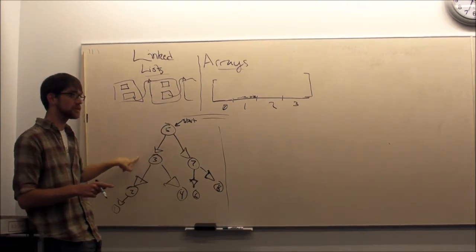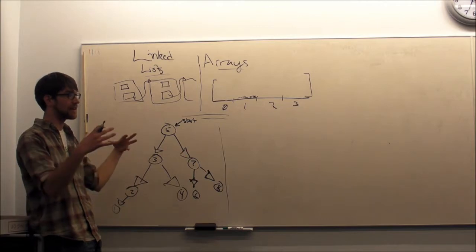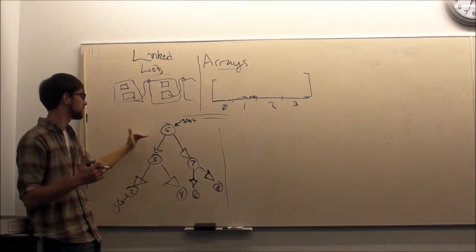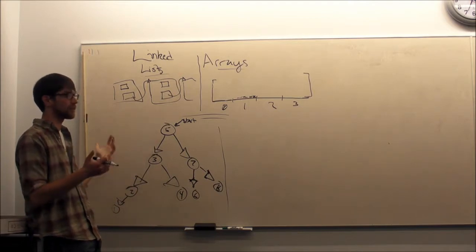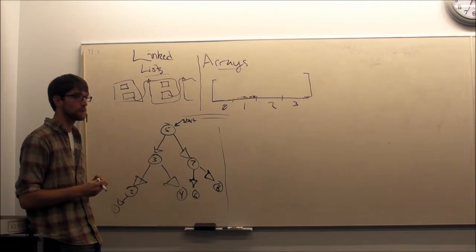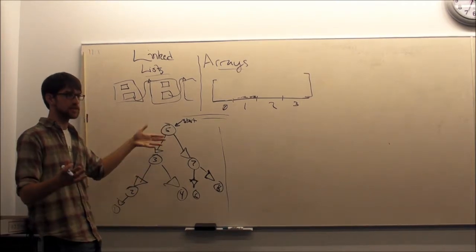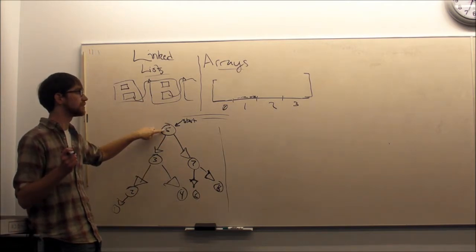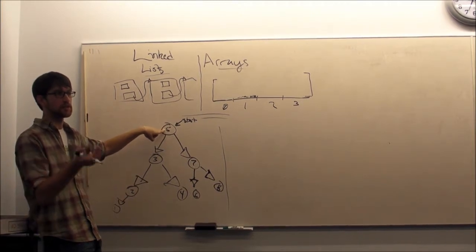Yep, because you always know which side you're stepping on, and the number of items at any layer grows exponentially, which means that you cross off an exponential number every time, and the cost is logarithmic. How do you know which side to go? Because the definition of the tree is that everything to the left is less than this value. Oh, okay. And so it's just part of the definition.